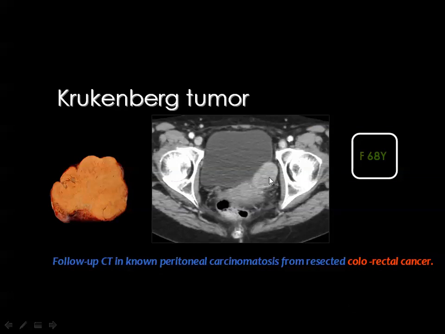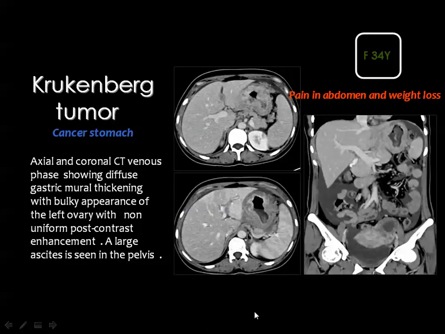A solid lesion, unilateral or bilateral, in a patient known to have a primary malignancy is suggestive of a Krukenberg tumor. And in the study, you can see the tumor itself. And here you see a diffuse, significant gastric mural thickening and an ovarian lesion, which should represent a Krukenberg tumor.